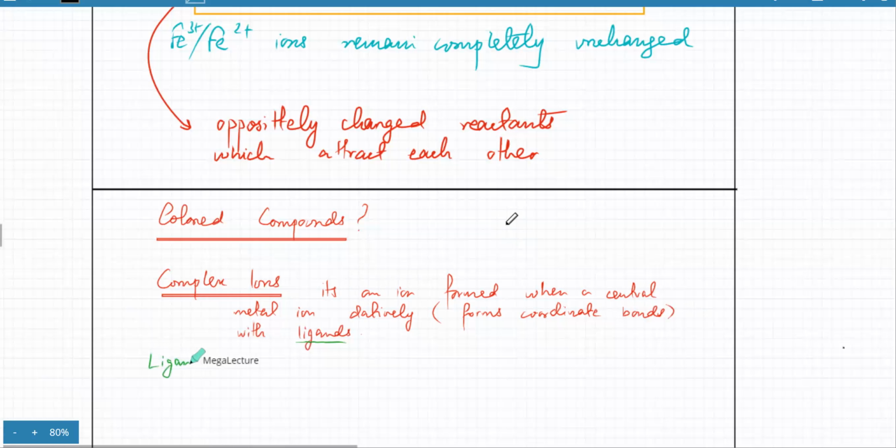Now ligands are species which have lone pairs. So they have their lone pairs and can donate a pair of electrons, or can donate a lone pair, to form coordinate bonds with metal ions.